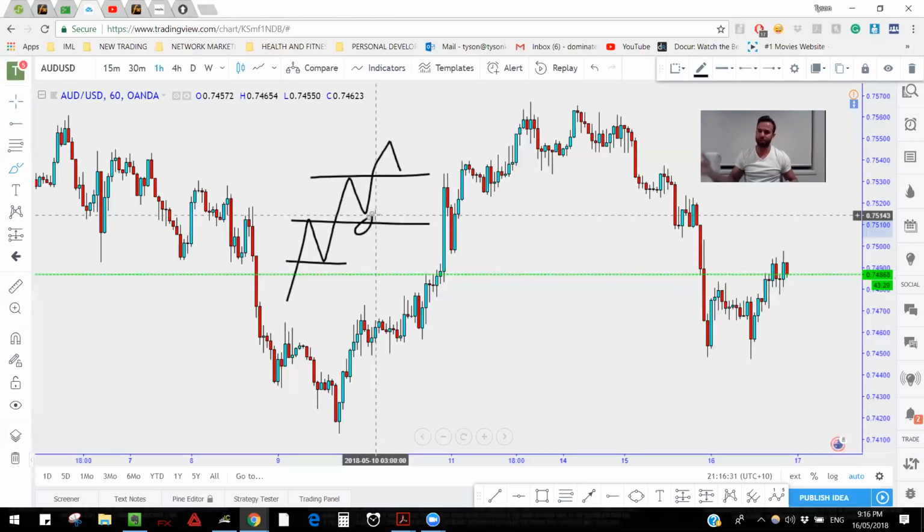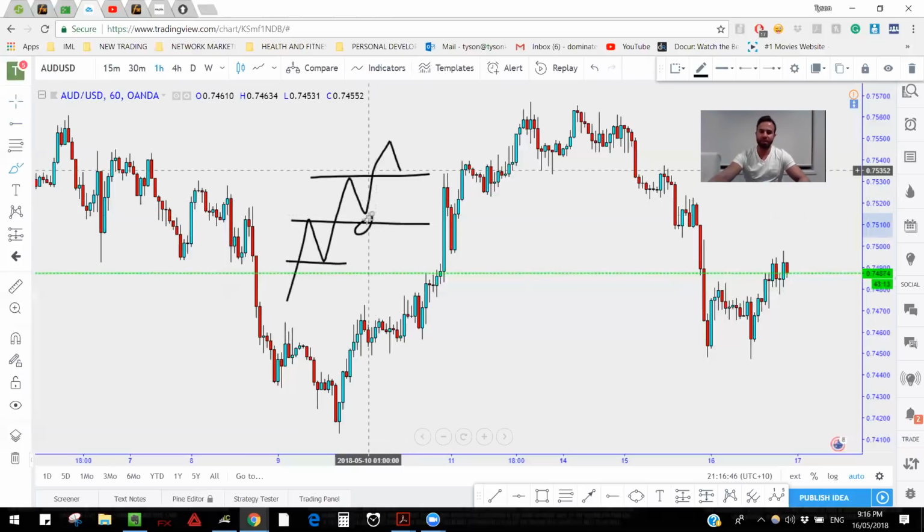Majority of retail traders don't, because 95% of the players in the market are losing. Why? It's because of their psychology, because of their mindset. Now, let's say they get in here and catch a nice little move. It pulls back.